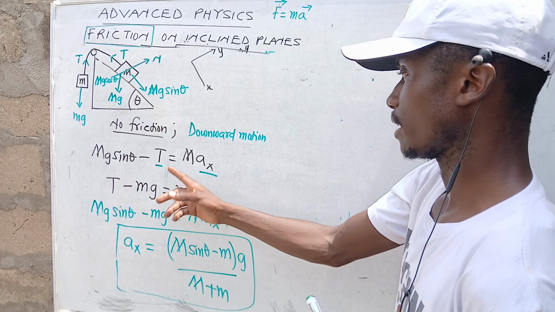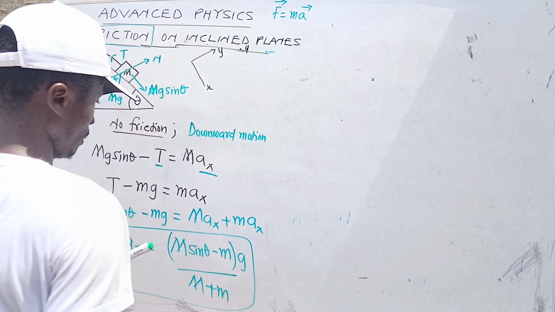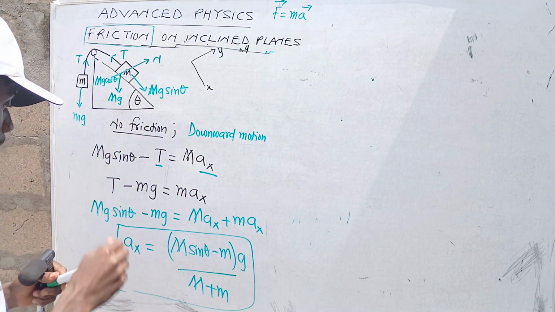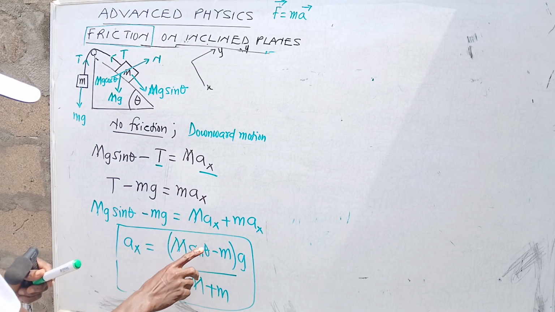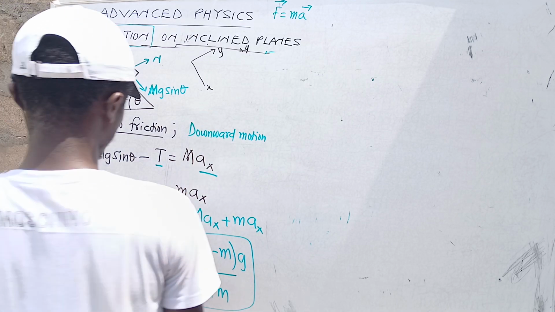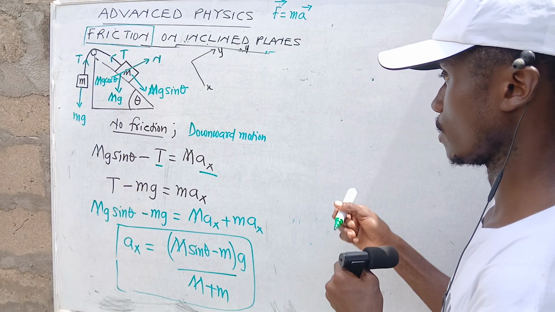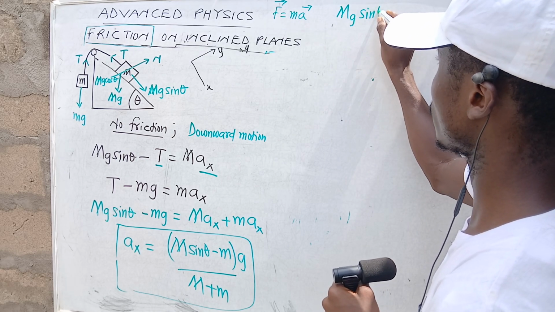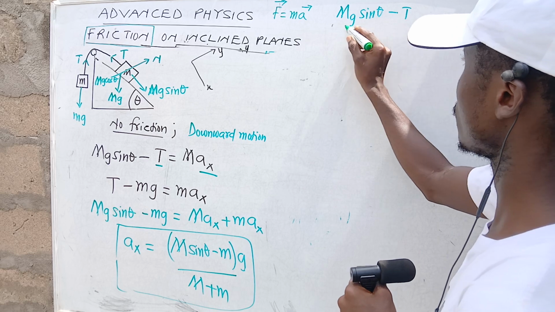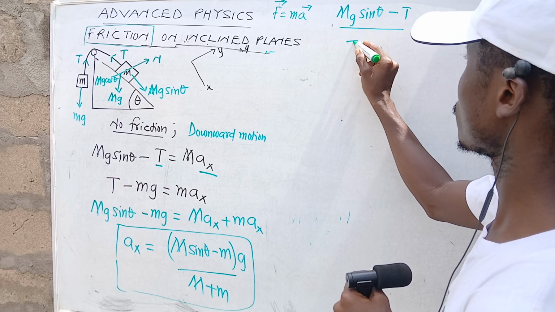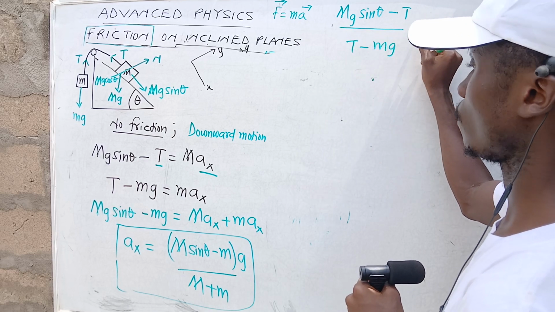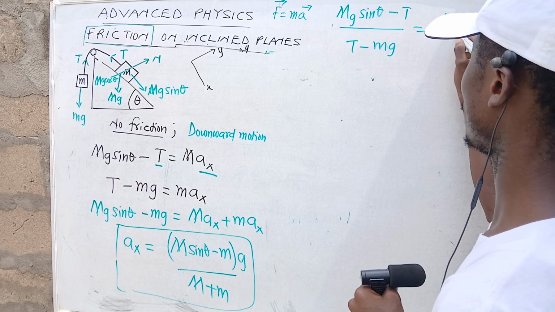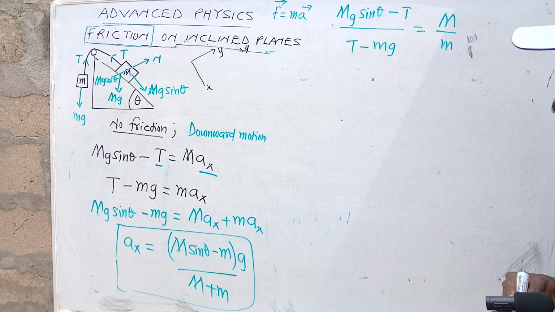And what will be the tension? For the tension, after getting ax, we can divide the two equations. So dividing the two equations, we have Mg sine theta minus T divided by T minus mg would be equal to capital M over small m. Yes, that's all we can do.